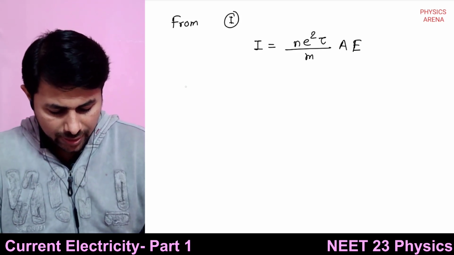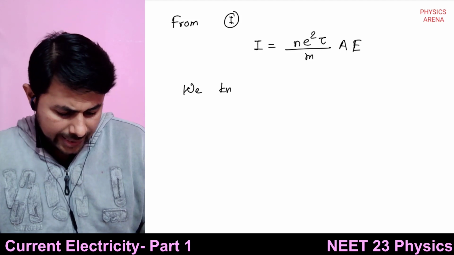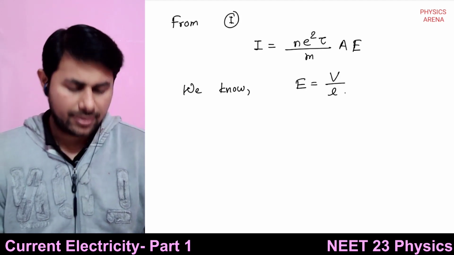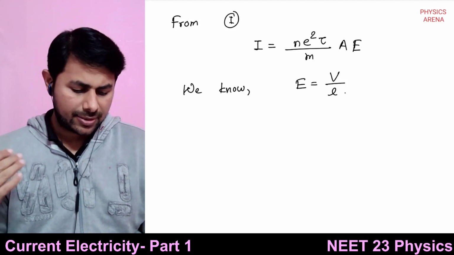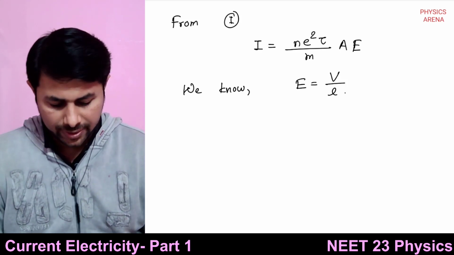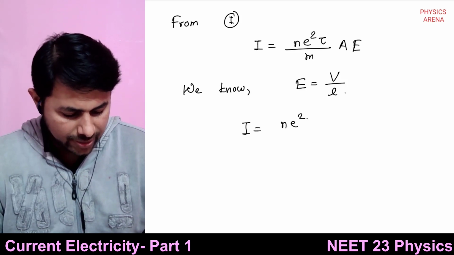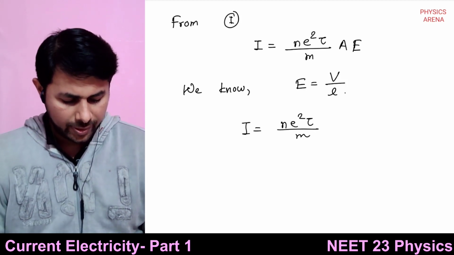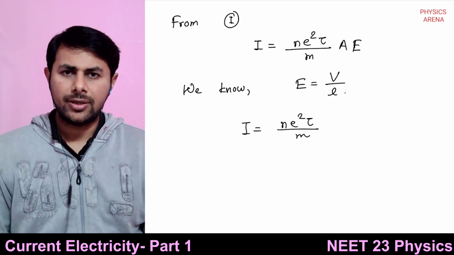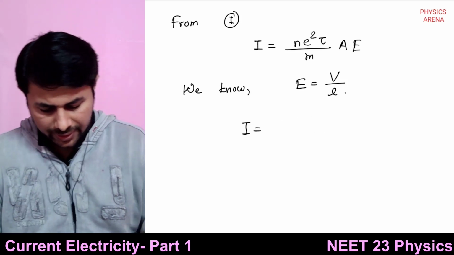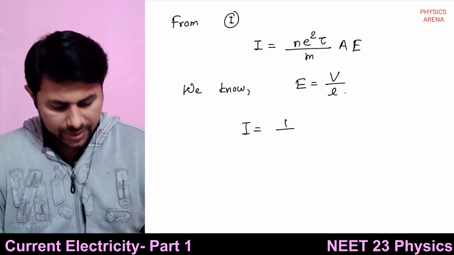So we know that E is equal to V divided by L, potential difference divided by length. Let's substitute that. So if we substitute that, we get n e square tau upon m, or we have called it what? The conductivity. I'm sorry. Or I can write this as 1 upon resistivity.